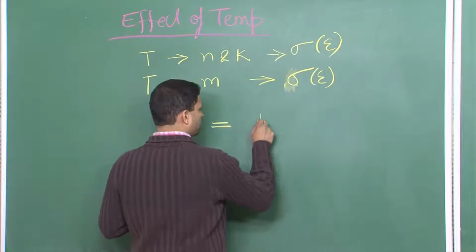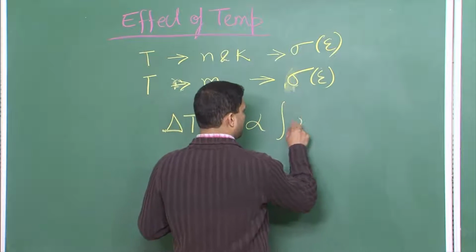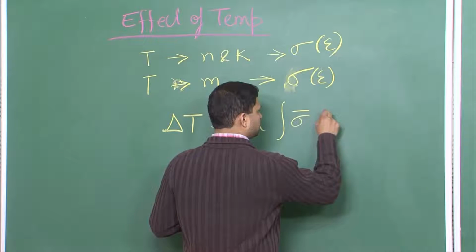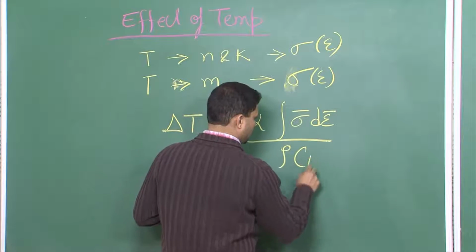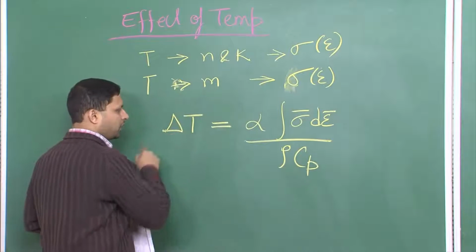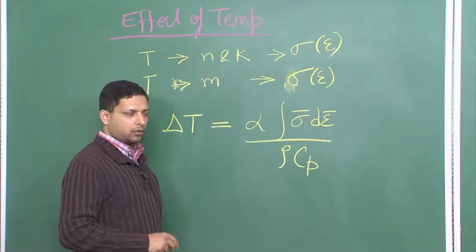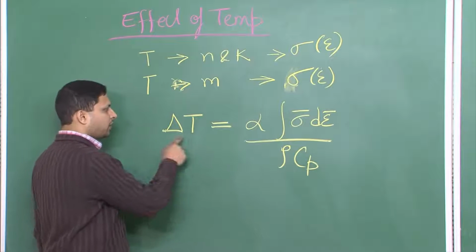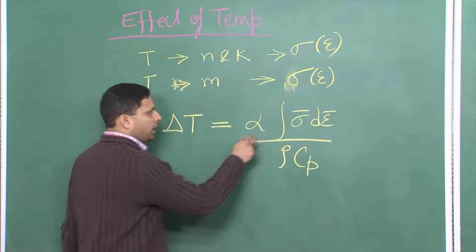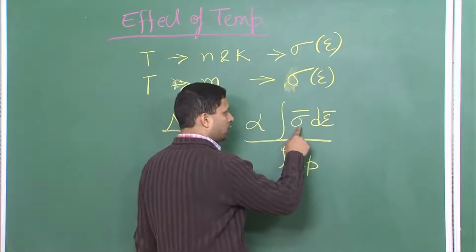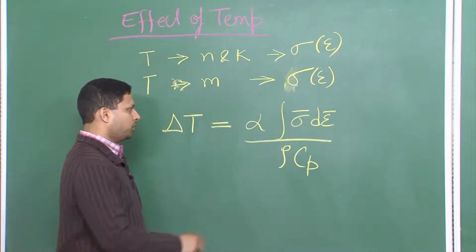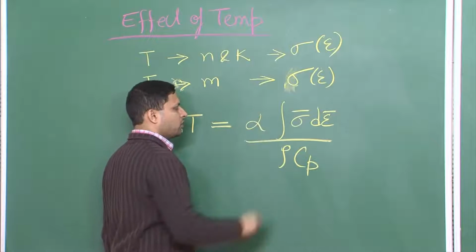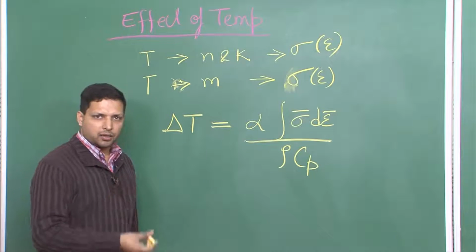So rho Cp times delta T would be the total work done in terms of temperature, and the integral of sigma bar d epsilon bar is the total work done per unit volume, and alpha is a proportionality constant showing how much heat is going into the material.